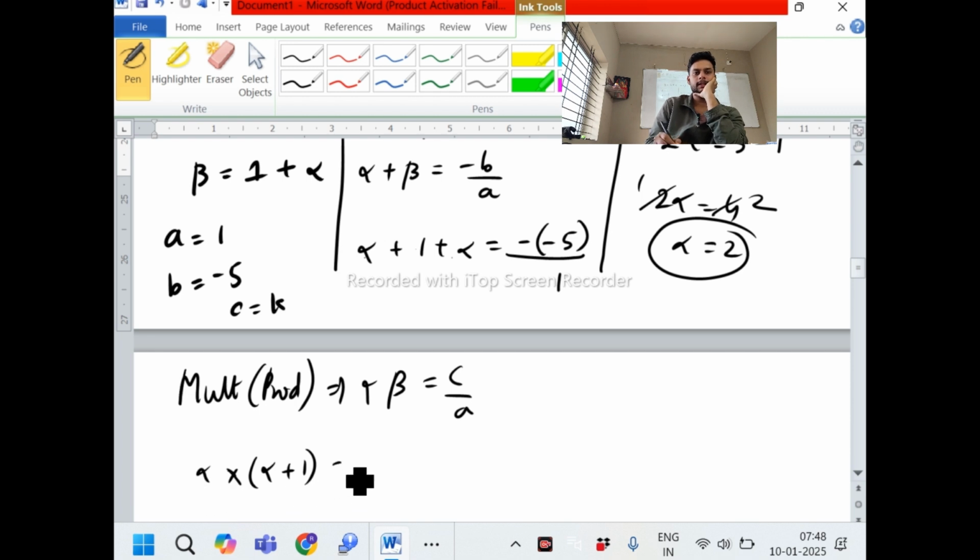Alpha into alpha plus 1 is equal to c by a. a is 1. So k by 1 means k. k is equal to alpha square plus alpha. Alpha into alpha, alpha square. Alpha into 1, alpha.